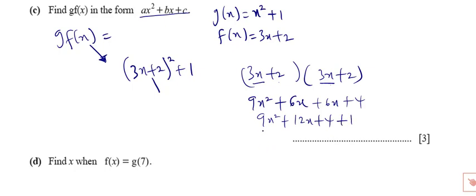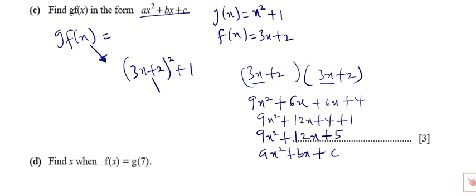So our final answer will now be 9x squared plus 12x plus 5, which is in this form. We can see that we have written it in that format. So here they can also ask you in some question that you should tell what is the value of a, b, and c.